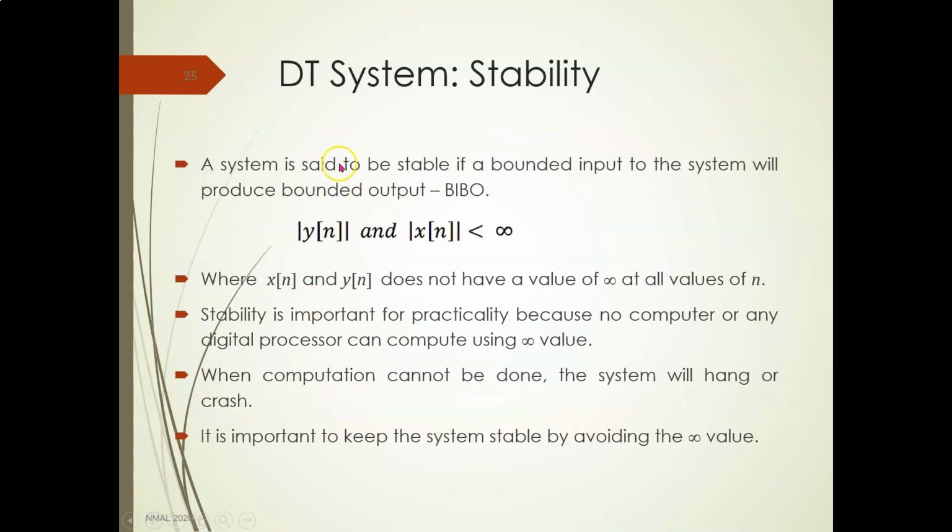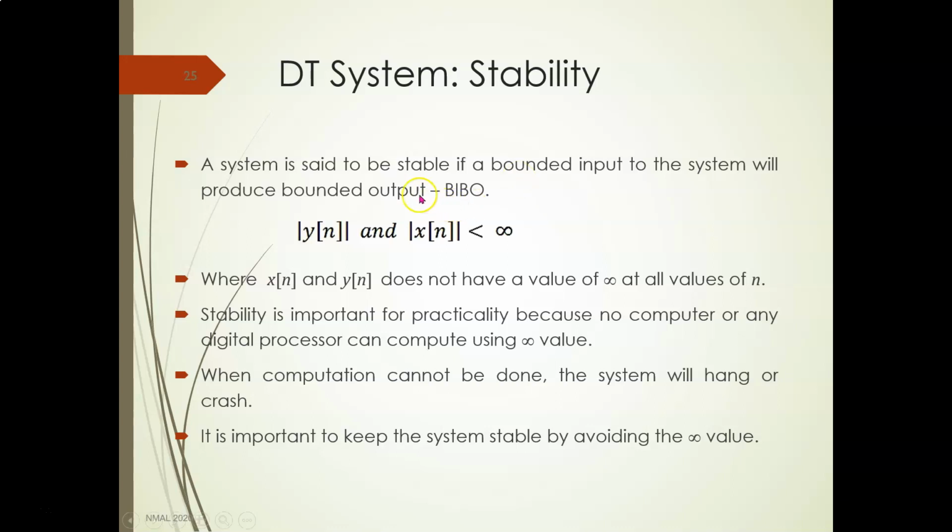Another type of system is stability. A system is said to be stable if a bounded input to the system will produce a bounded output, which is what we call BIBO, bounded input, bounded output. Bounded means that the input has a limit, and the output also has a limit.